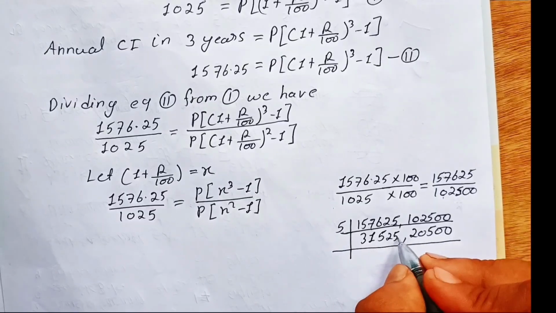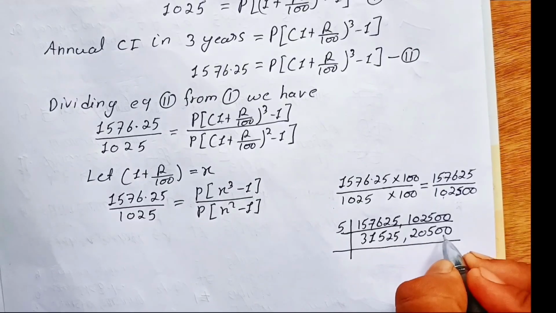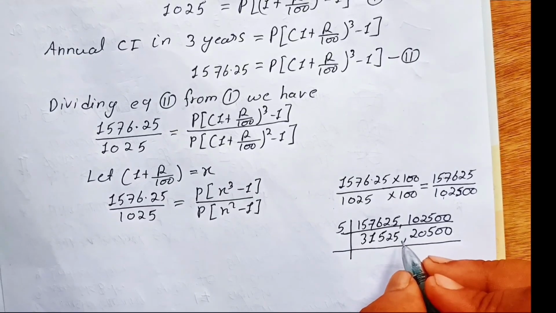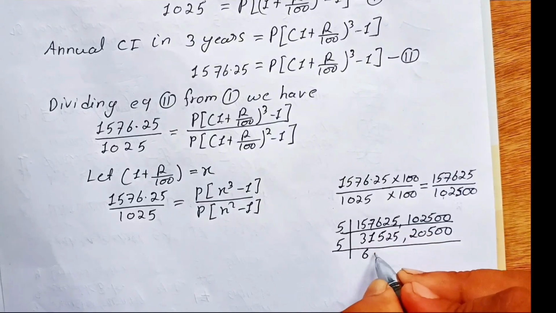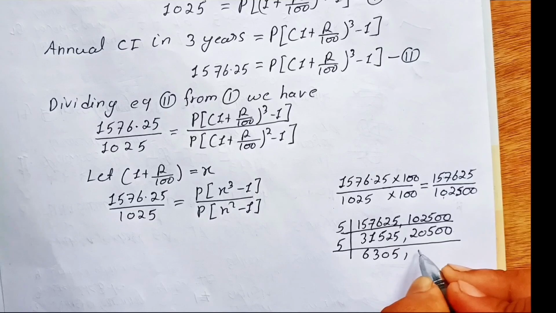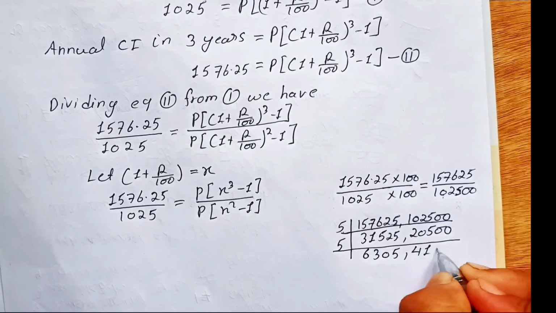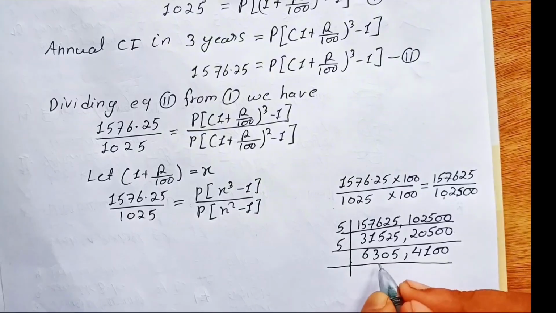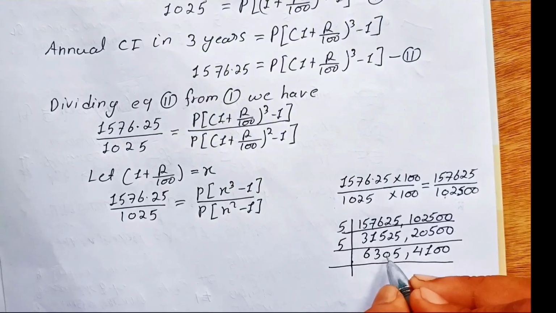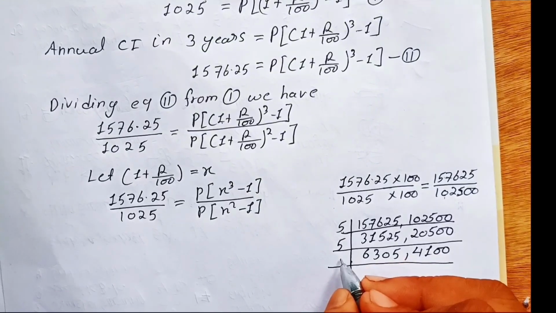and again the last digits are 5 and 0, a multiple of 5, so both are divided by 5. So here again 6305 and 4100, and again both can be divided by 5.